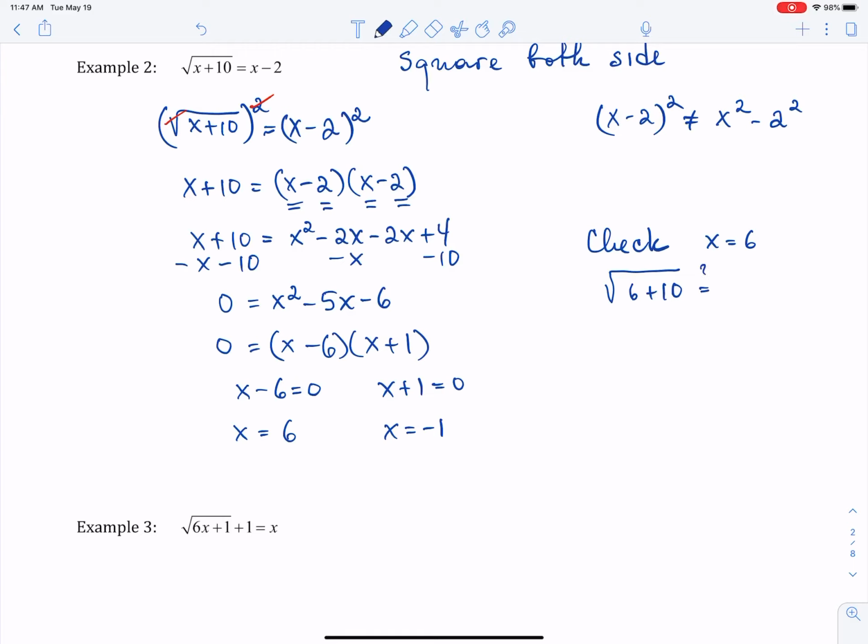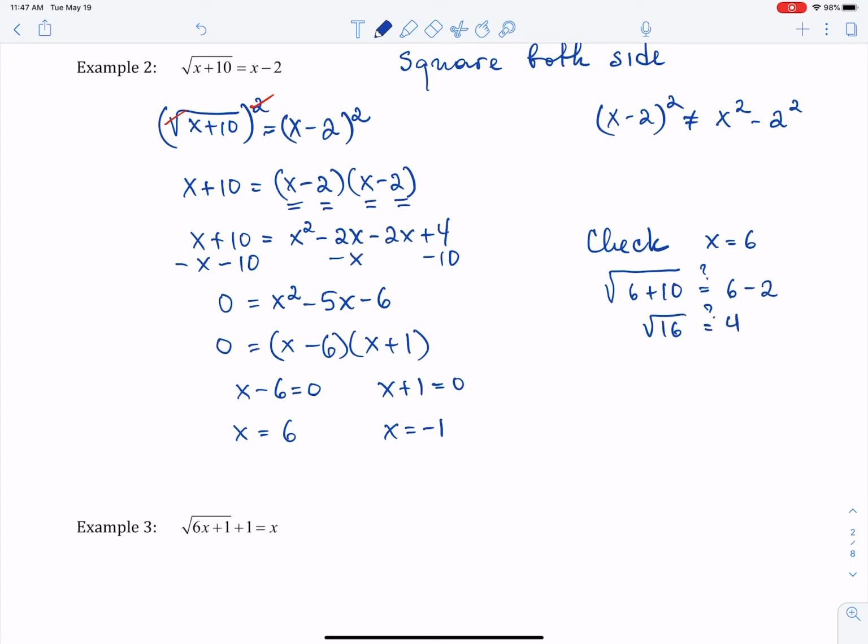Is it equal to 6 minus 2? I'm substituting right here. And that's square root of 16. Is it equal to 4? And that's a true statement because square root of 16 is 4, so that's a solution.